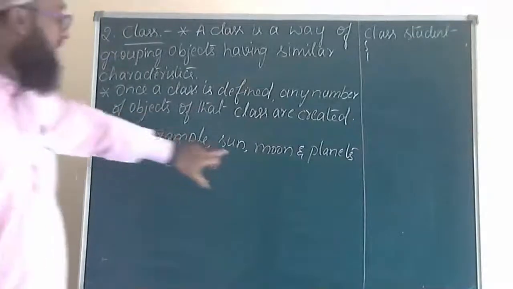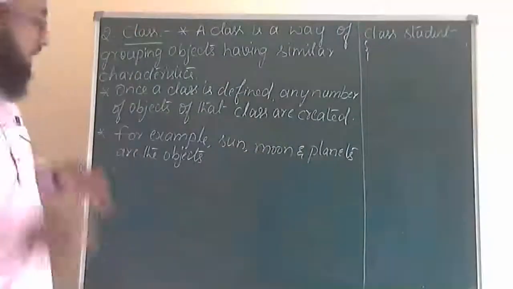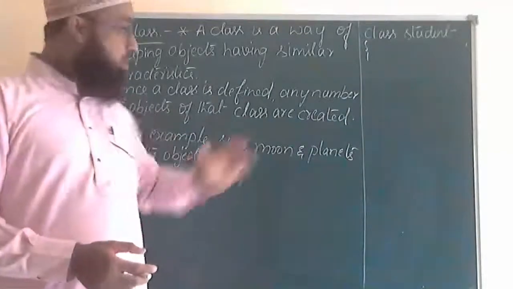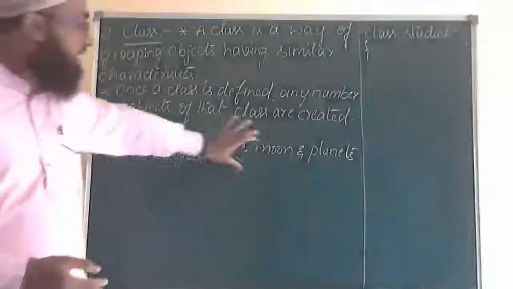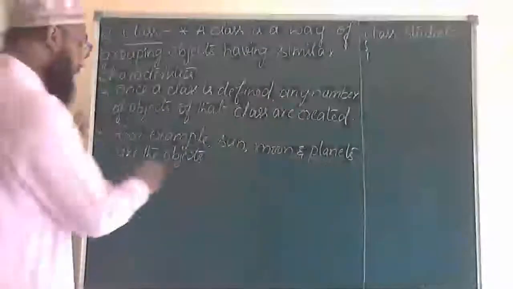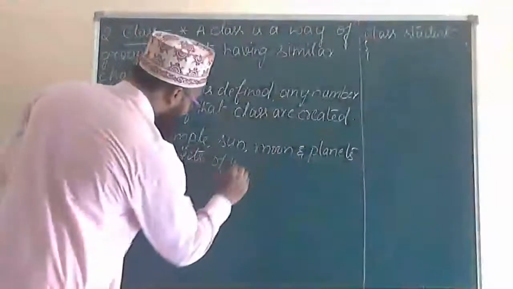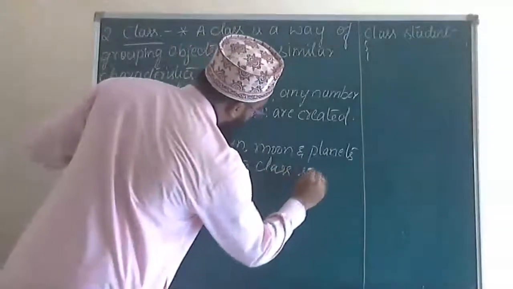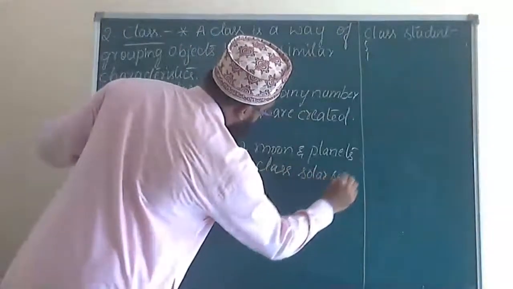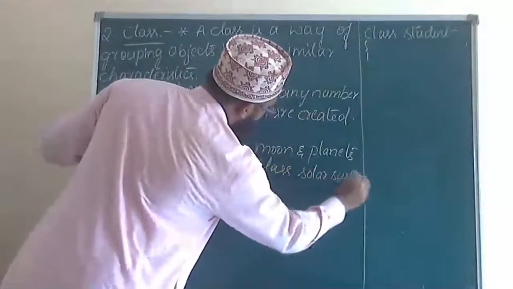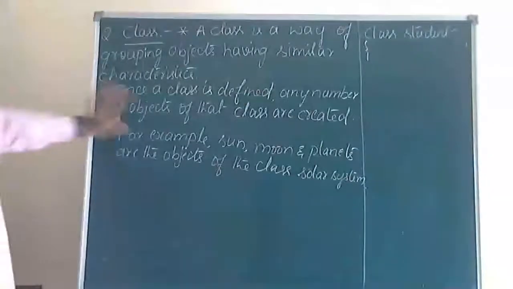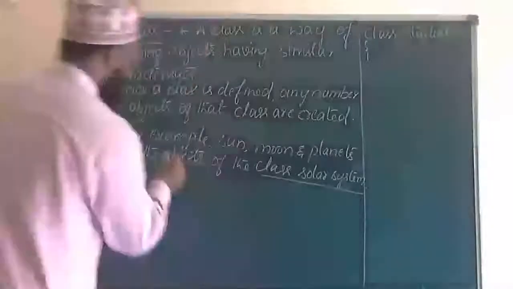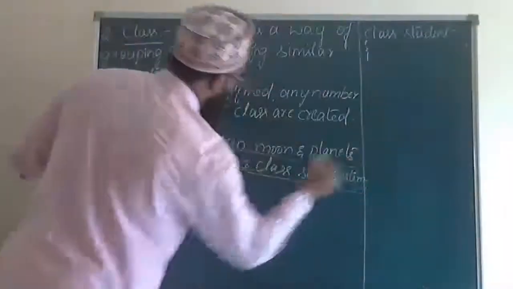We can take these as objects. But these objects should belong to one class. In that class, these objects are created. Objects of the class solar system. Solar system is a class, and sun, moon, and planets are the objects.